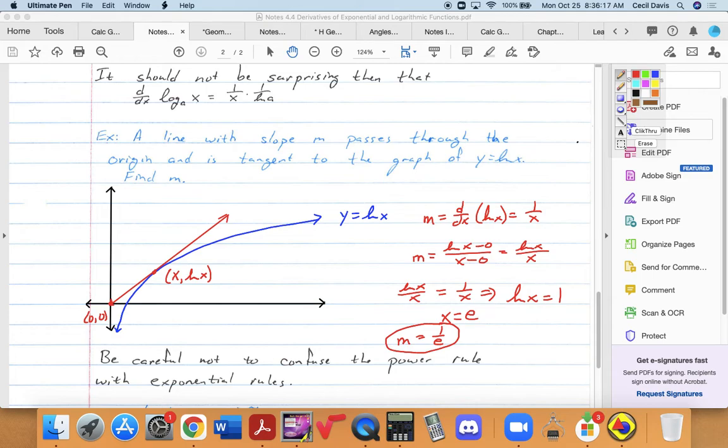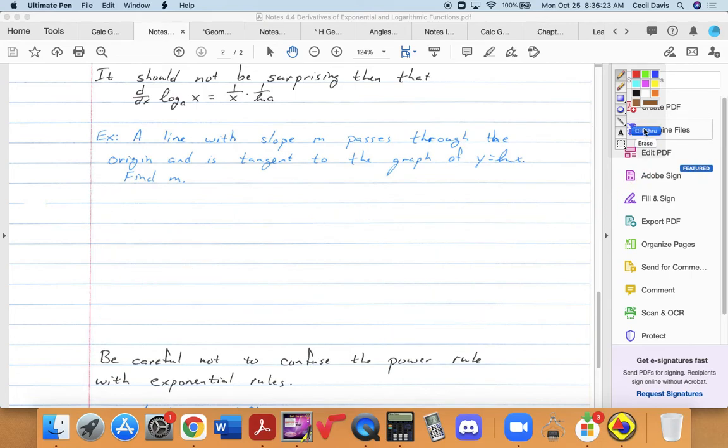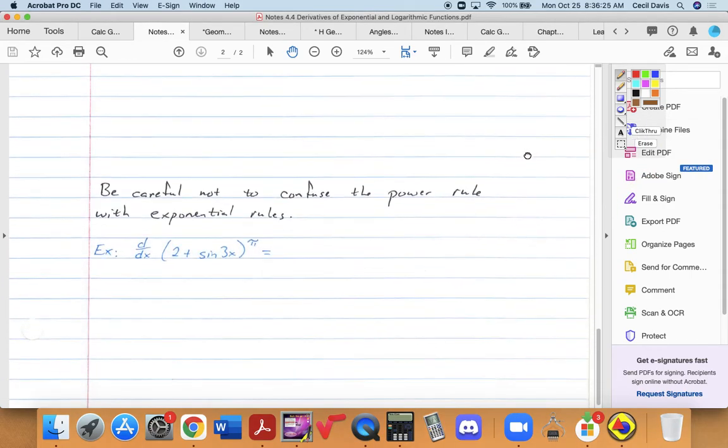All right. And a word of caution, be careful not to confuse the power rule with exponential rules. Take this one for example. We want to find the derivative with respect to x of 2 plus sine of 3x raised to the pi power.